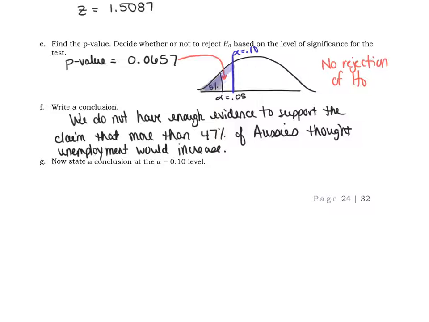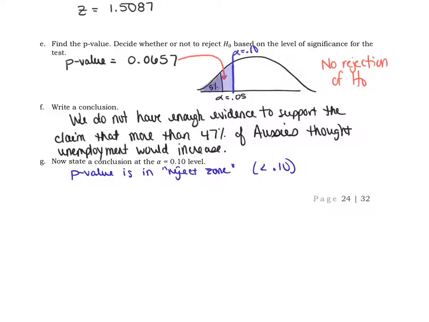So now we're looking at anything to the left of that. Notice now that our p-value, our 0.0657, where I drew that curved red arrow, is now in the reject the null hypothesis zone. So the p-value is in the reject zone, which means less than 0.10. So we would reject it.